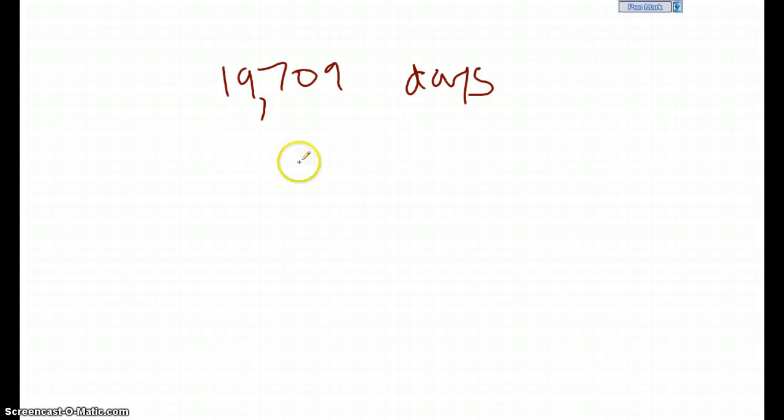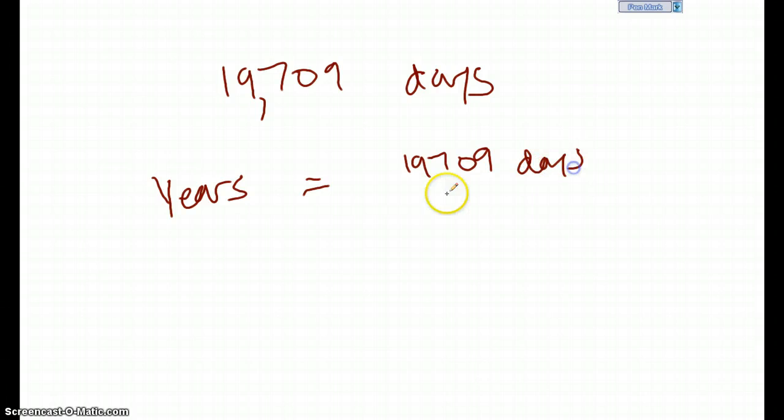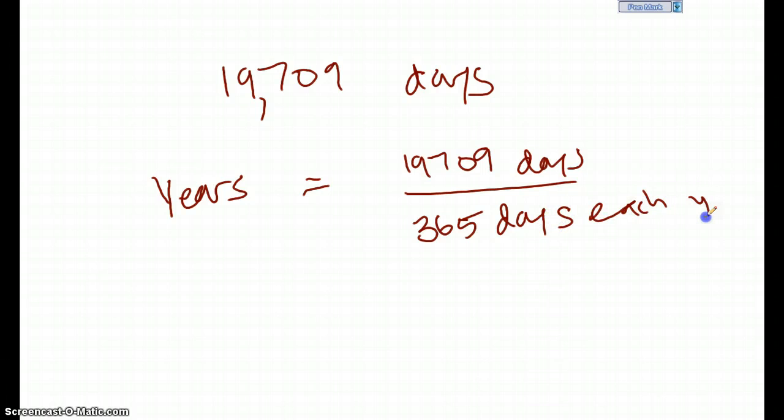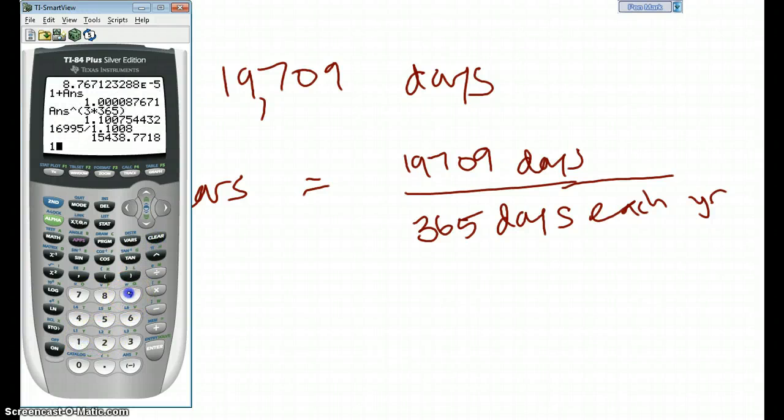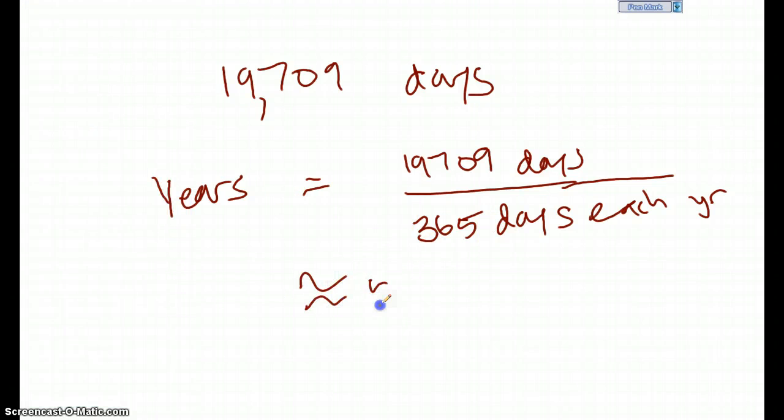Well, if we want to convert that to years, the years would equal 19,709 days divided by 365 days each year, which gives me about 54 years.